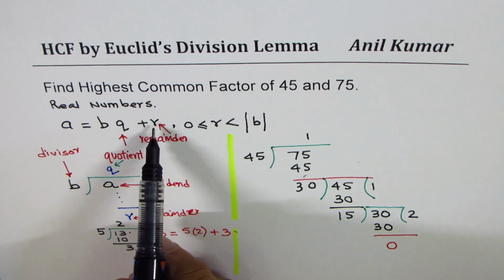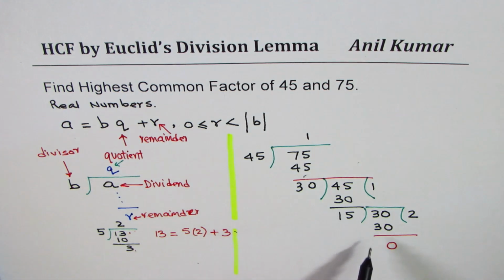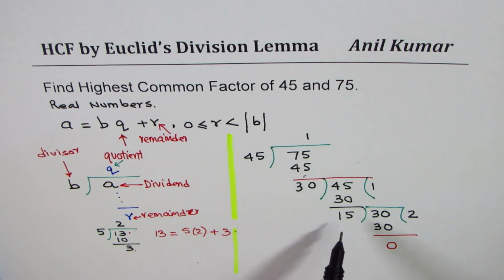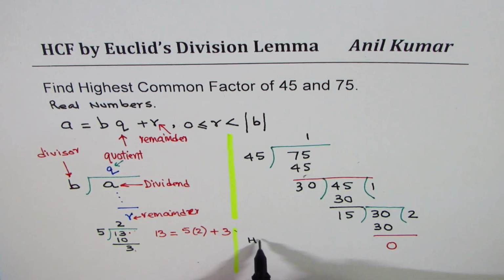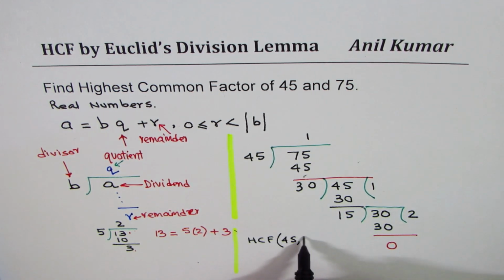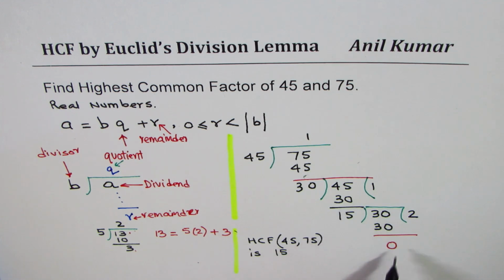Now here what we observe is that 15 is a factor of both 45 and 75, rather it is the highest common factor. So we say the highest common factor for the numbers 45 and 75 is 15. The divisor which gives a remainder 0. Is it okay?